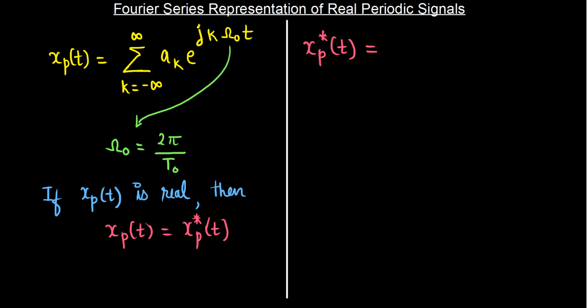So that is going to equal the summation, k ranging from minus infinity to infinity, ak complex conjugate times e to the power minus j k times omega naught t. Just because we need to represent a complex conjugate signal, we are simply making the individual terms complex conjugates, and therefore we have ak star and e to the power minus sign here.